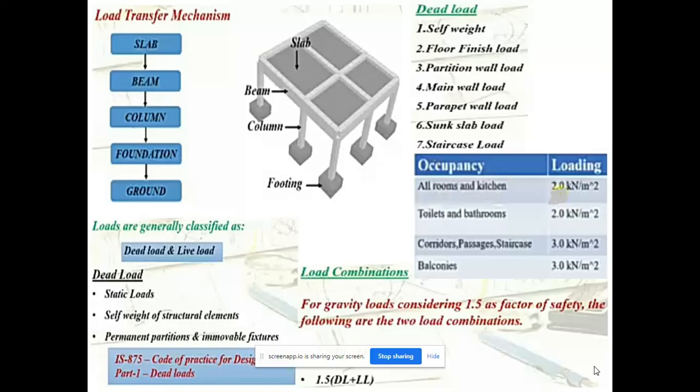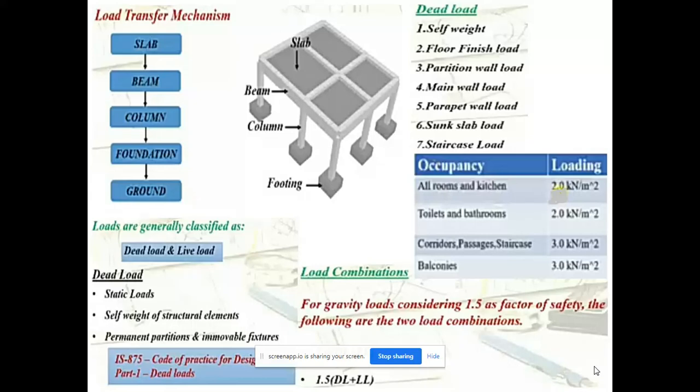And you can also observe the loading from each of the parameters that we considered, such as all rooms and kitchens, toilets, bathrooms, corridors, passages, staircase, and balcony. The balcony is basically a cantilever.